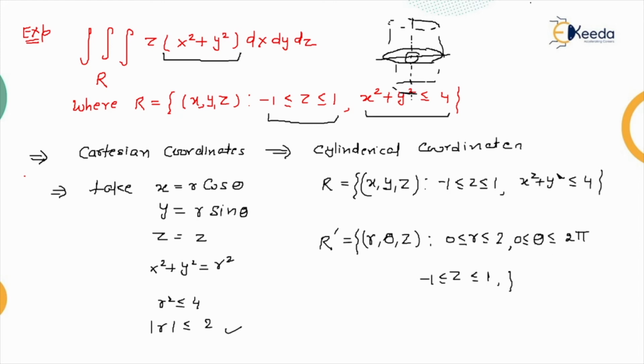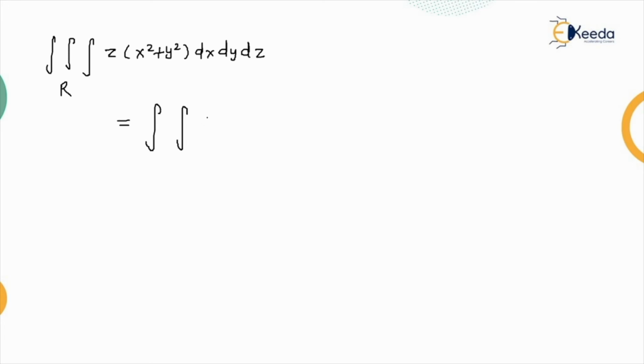Now let's see. My dear friends, the question given to you had a triple integration over the given region, with the integrand z times x square plus y square, and dx, dy as well as dz. So we change the complete system to the new limit, and we give it a name, that is r dash.